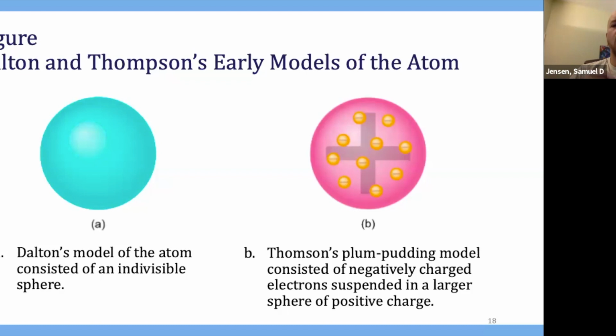So J.J. Thomson, though, with his cathode ray experiments, demonstrated that there was an electron, a negative particle within the atom. And so he developed a refined model of the atom that he called his plum pudding model. It's essentially like if you think of pudding, and you threw some raisins or plums in there, they would just be spackled all around the pudding, right?